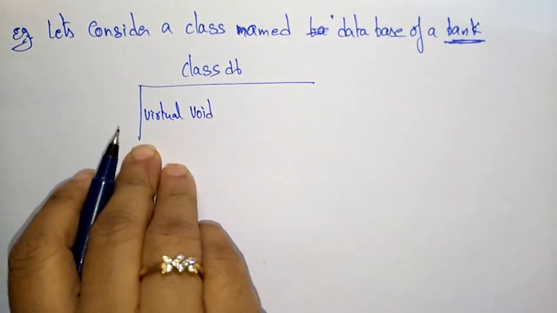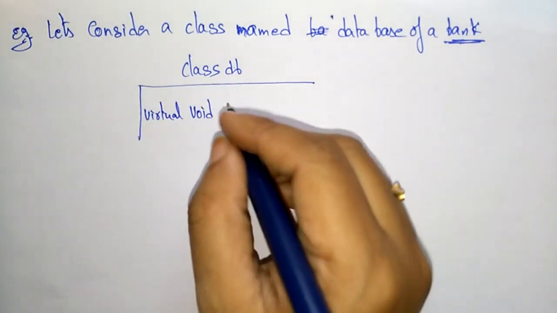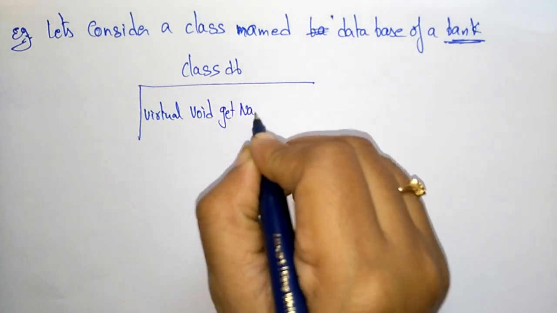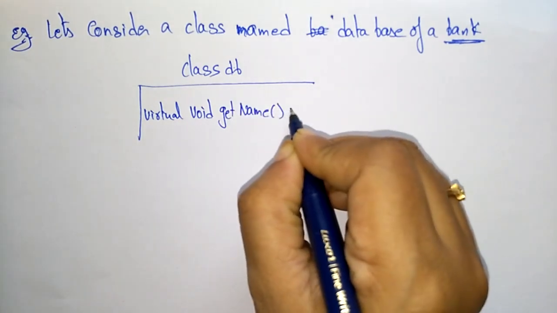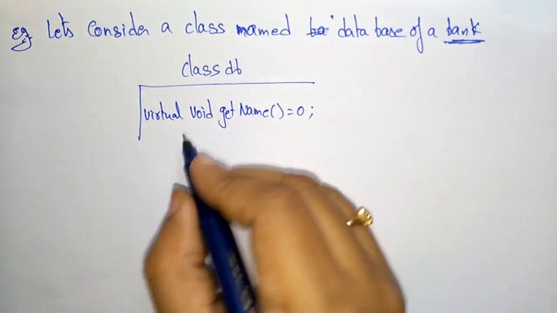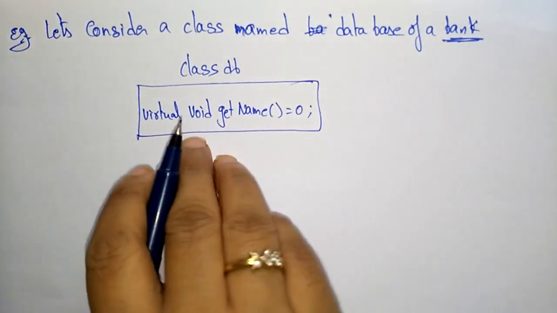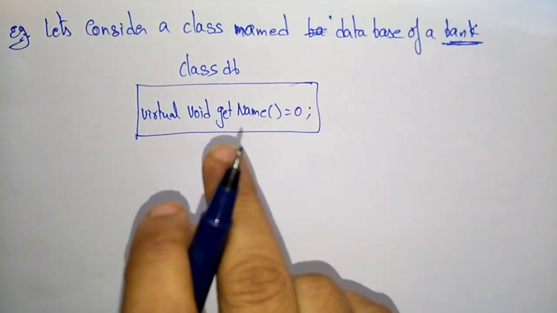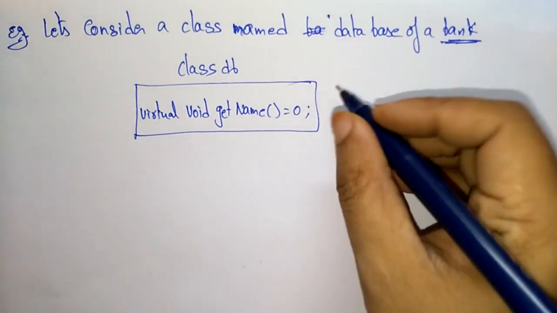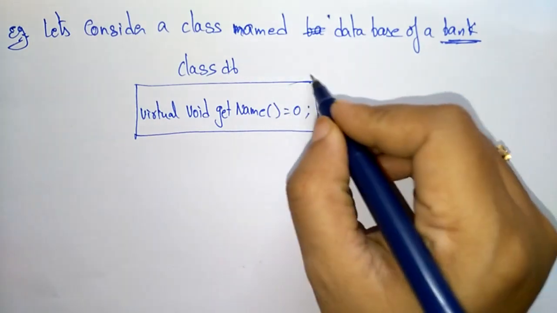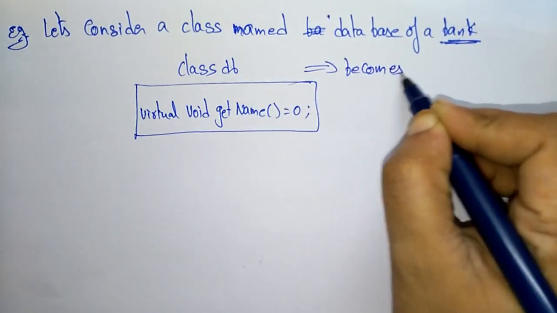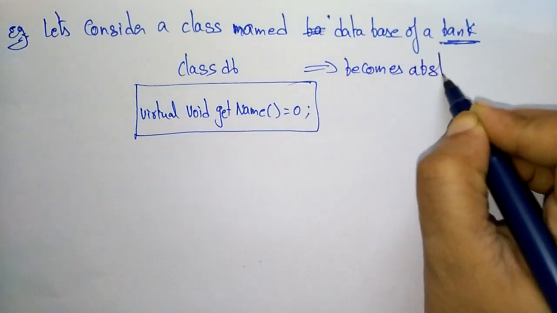A virtual function should start with the virtual keyword. So getName is the function name, and it should be equal to 0. Then only you will call it a pure virtual function. So here the database has become the abstract class.